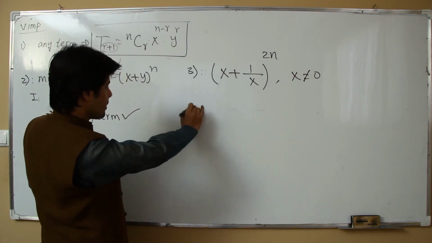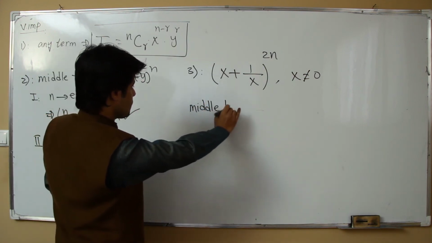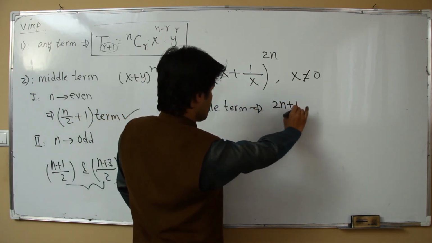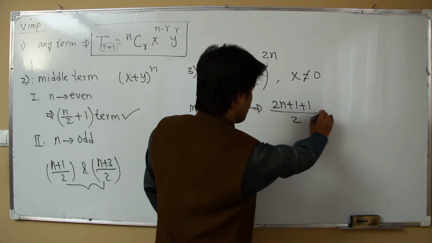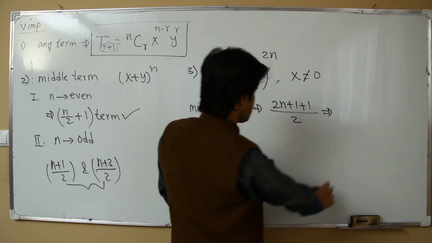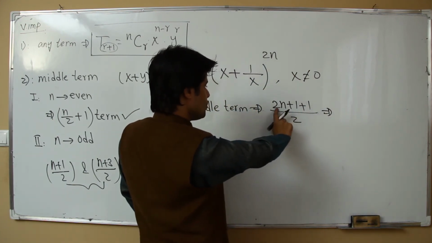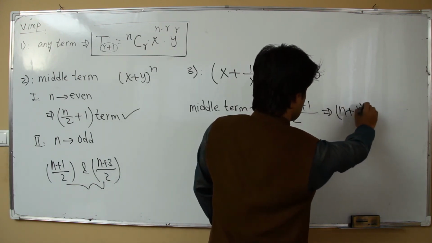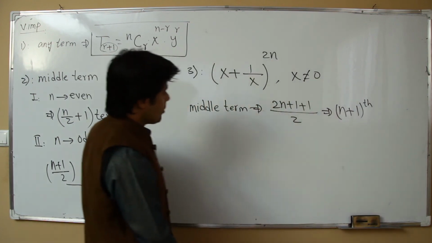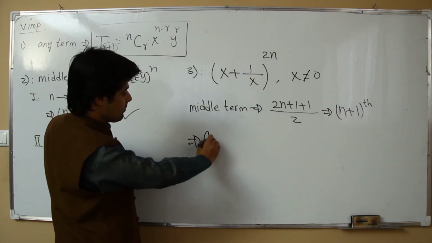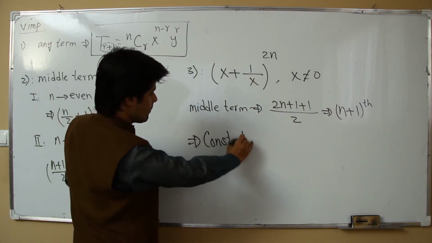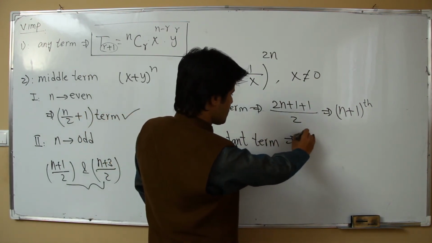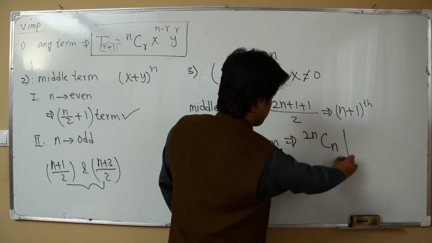So the middle term for this one is (2n plus 1) divided by 2, or we can write this as the (n plus 1) term, where the 2 cancels. And it's also a constant term, whose coefficient is 2nCn.